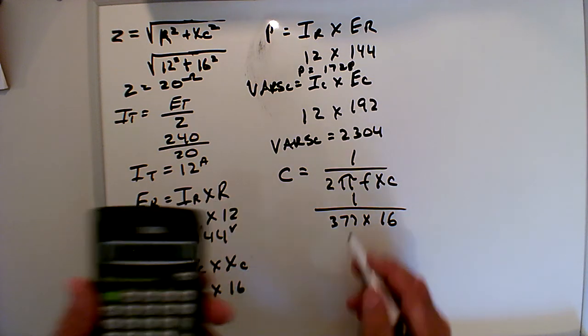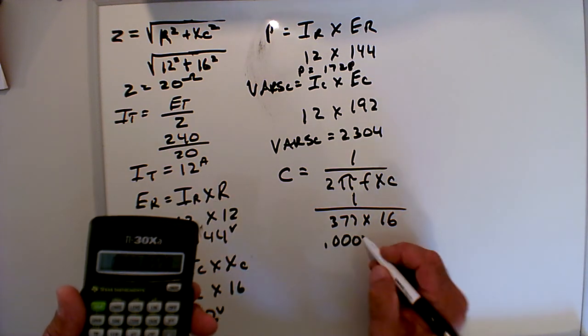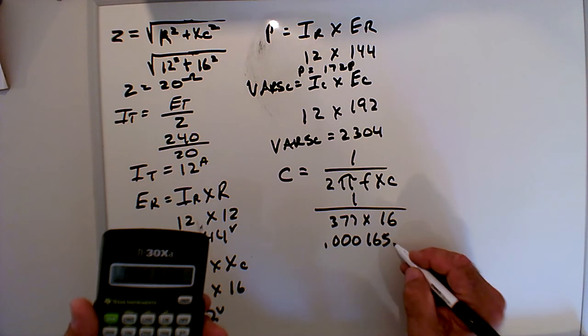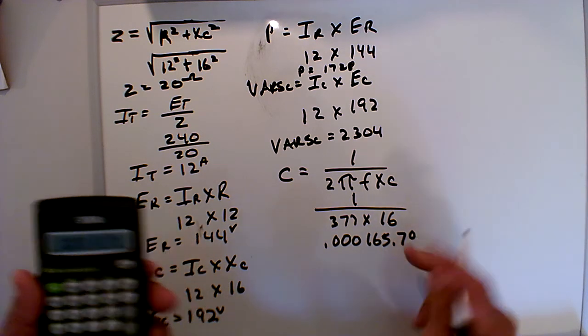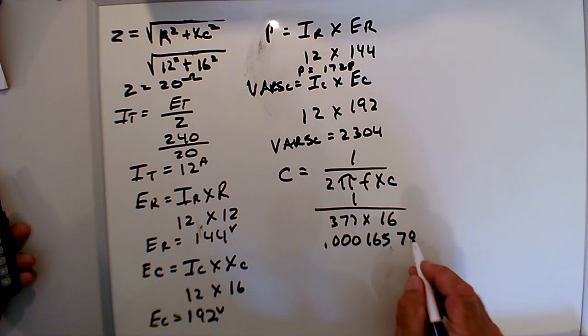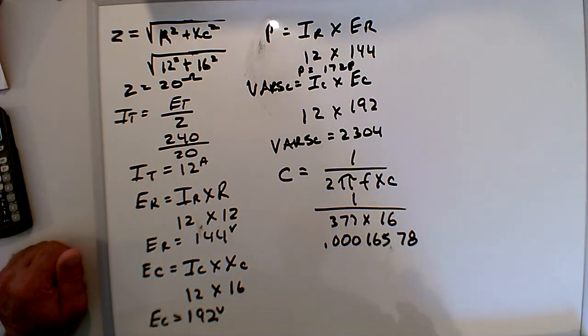And 1 over x tells me that it is 0.00016578, which is 6 decimal places.